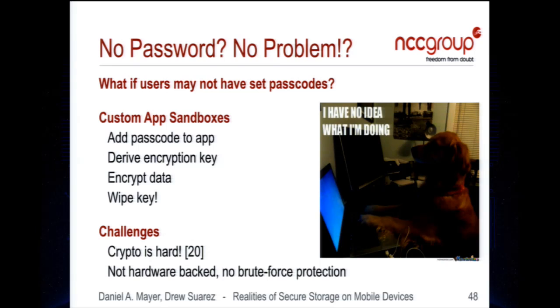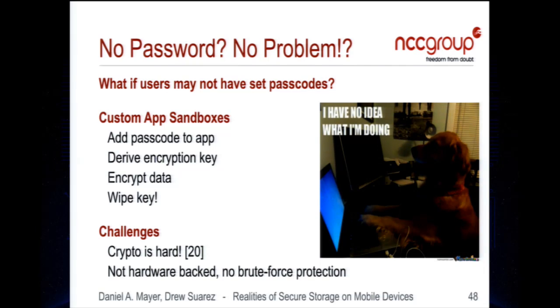They ask for a passcode, they derive a key from the passcode, and then they use that to encrypt the data on the device, which is the same process as before. If you close the app, they will wipe the key, and you have a similar process to what the operating system provides. The main problem is, number one, crypto is hard, so it's really hard to get this right and to not make any mistakes implementing these kinds of things.